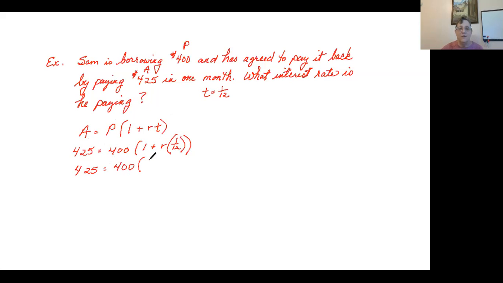So this is the same thing as 1 plus 1/12 R. To solve this for R, we can divide both sides by 400 just to get that out of the way.